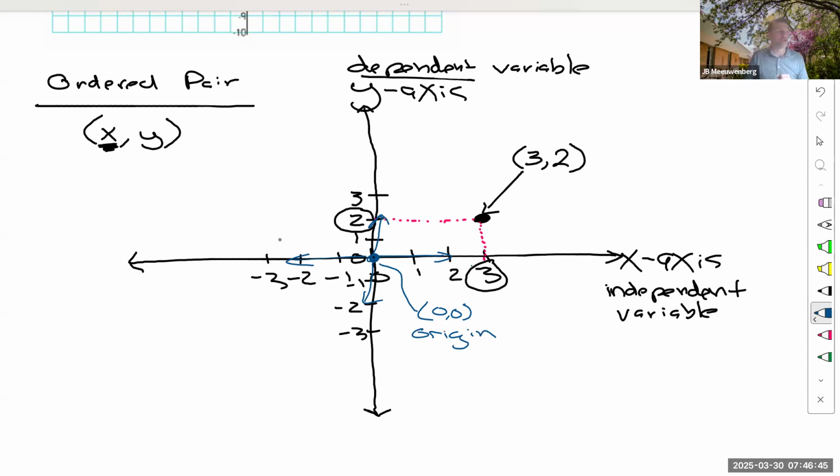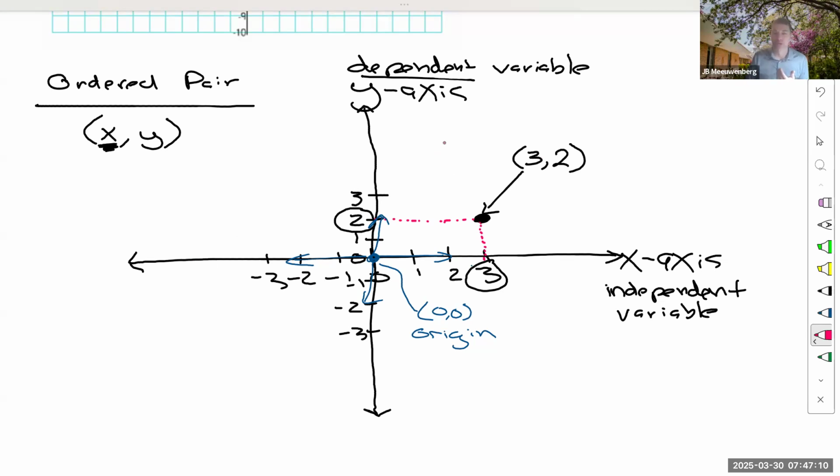Now, when we do draw our x and y axes, what happens is we divide up the entire space. We call this a flat plane, P-L-A-N-E, coordinate plane. We divide it into 4 regions, and they have names. Actually, they have numbers, and they are called quadrants. So 1, 2, 3, 4, and they're numbered a specific way.